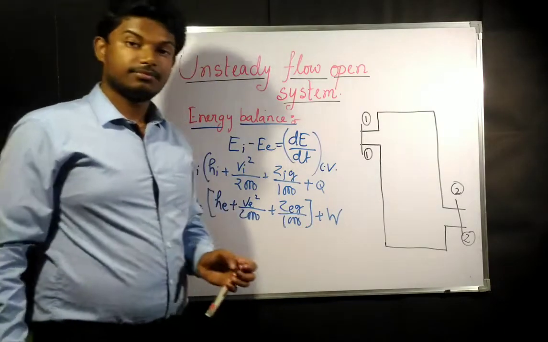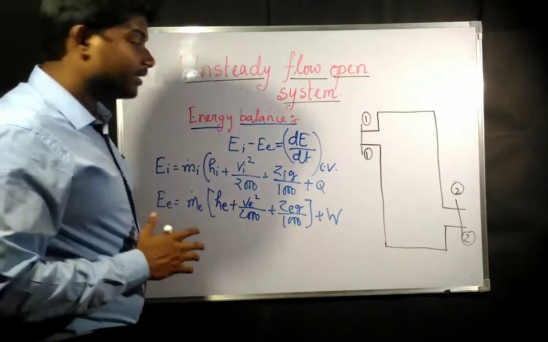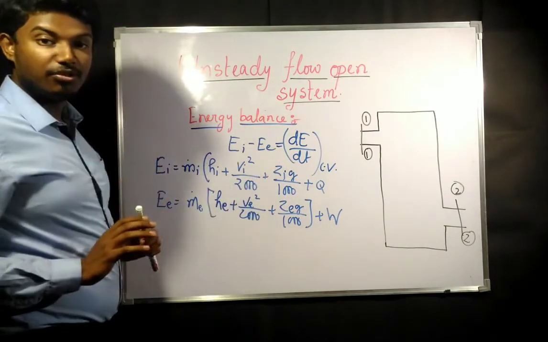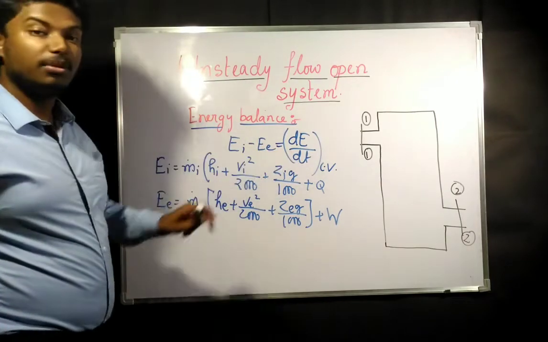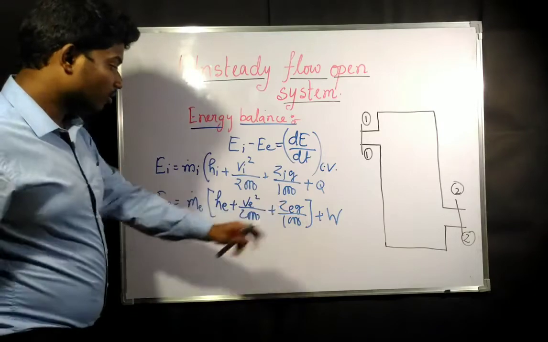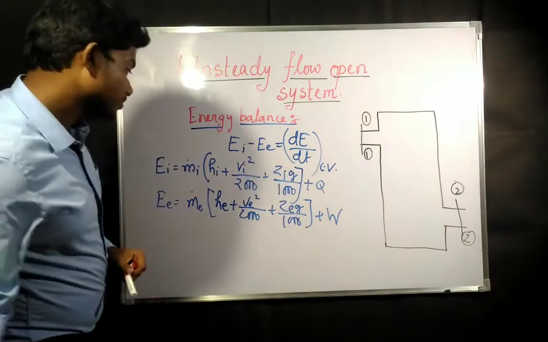Now, what will be the energy balance equation in terms of this? We can simply write that this one minus this one is going to be this one. I am not going to write it again, I am just showing it simply.